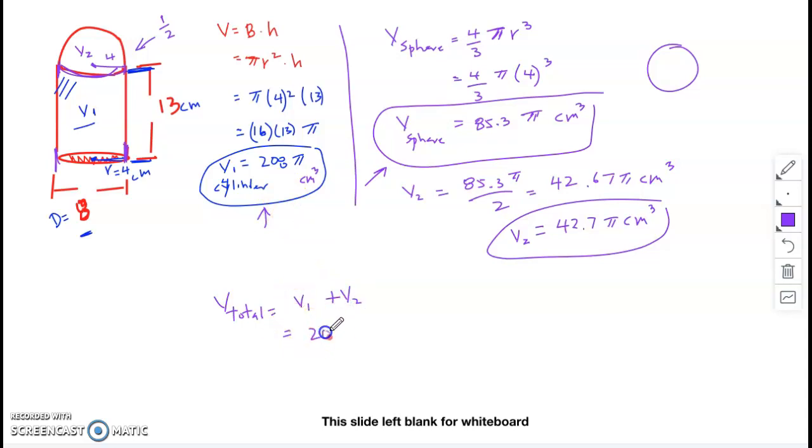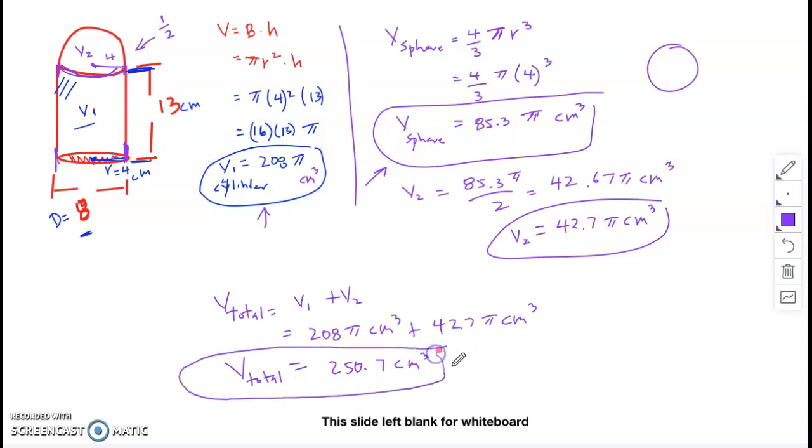Volume 1 is 208 pi centimeters cubed plus volume 2, which is the top, is 42.7 pi centimeters cubed. Let's add those two values and that's going to be equal to 250.7 pi centimeters cubed, and that's the volume of the whole salt shaker total. And that will be your answer number 3.